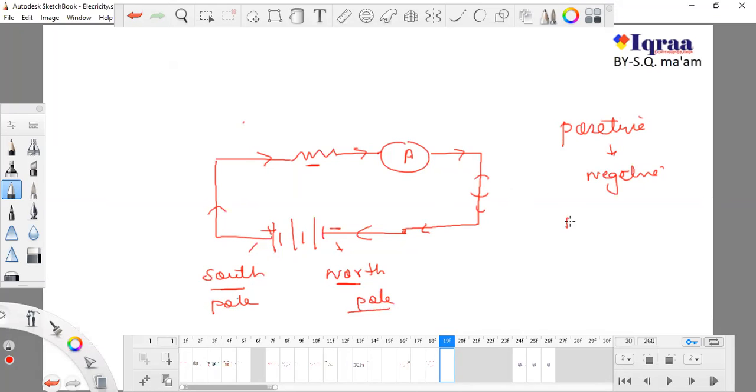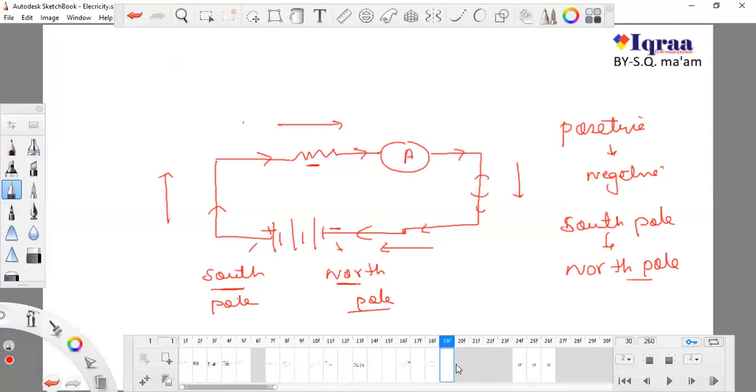Why am I telling you this? Because you will face many types of problems about how electricity moves. So it goes from this to this, and on this side the direction of flow of electron or electricity is like this.